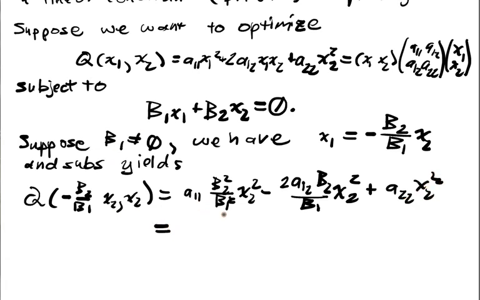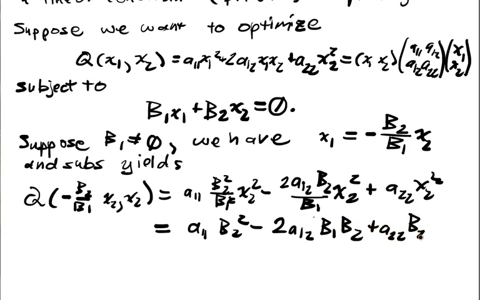And since b1 was not 0, of course this all makes sense, and we can bring all these terms together, and we get in the numerator a11 b2 squared minus 2a12 b1 b2 plus a22 b1 squared, all over b1 squared, and we have x2 squared.